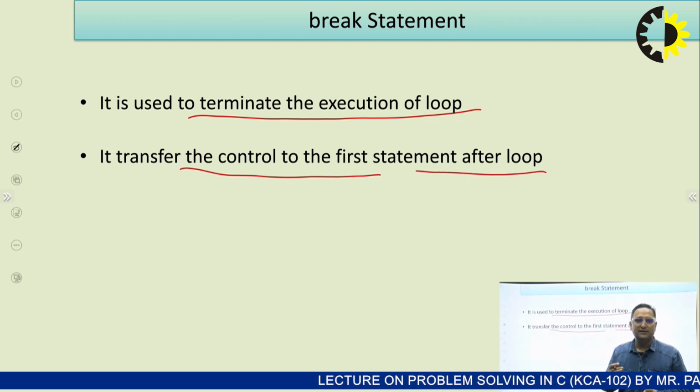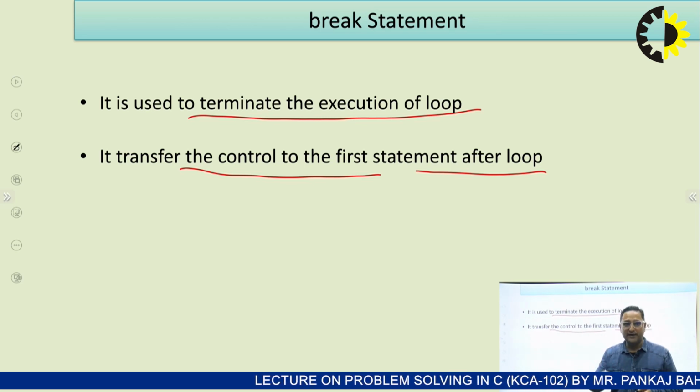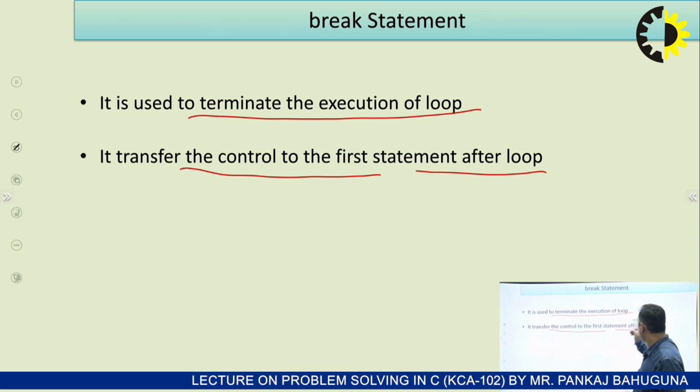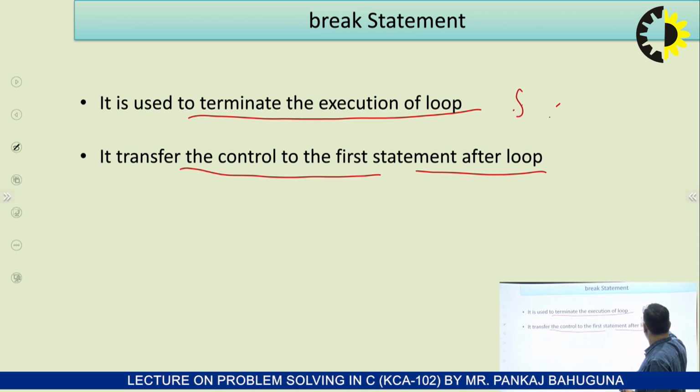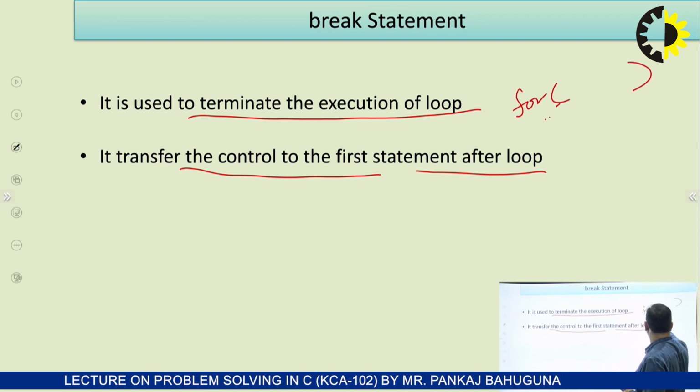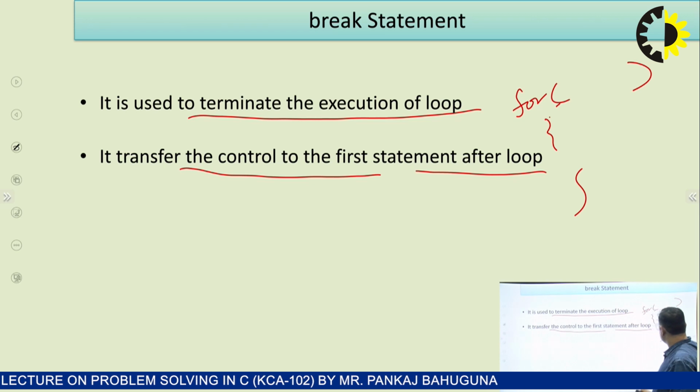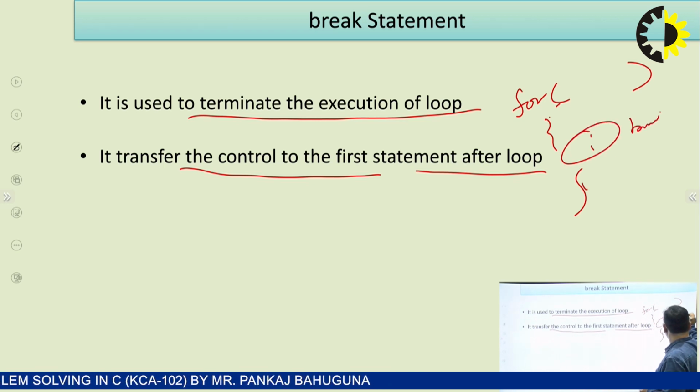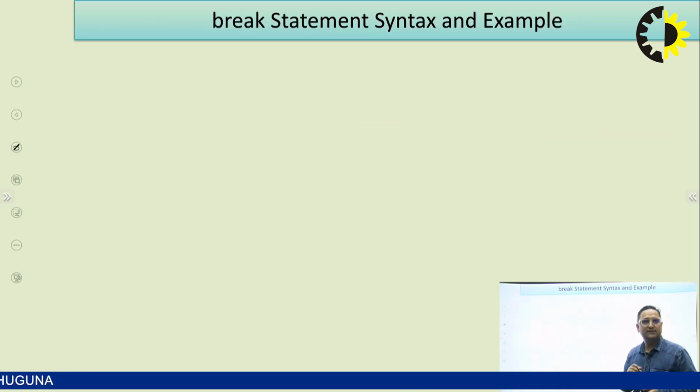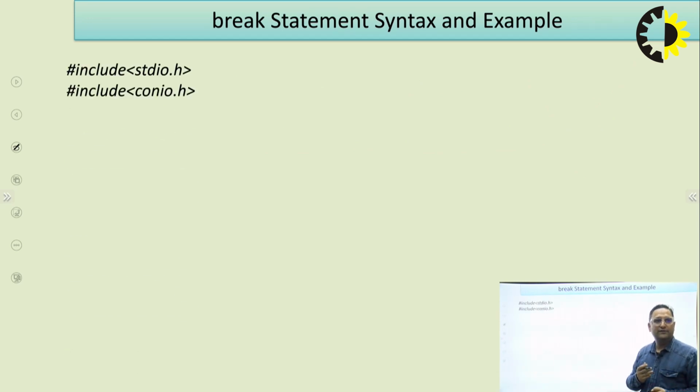It means the moment you encounter break within the loop body, that is, within the curly braces, and the breaking condition is met, you will exit from the loop body, from the curly braces. So that's the working of the break. You can see it in an example.